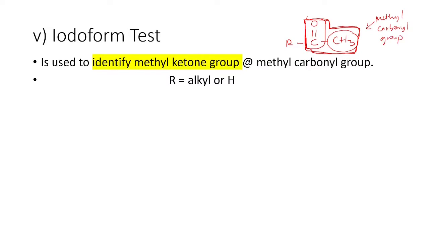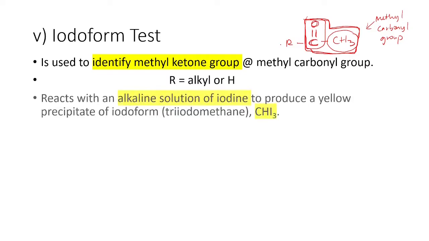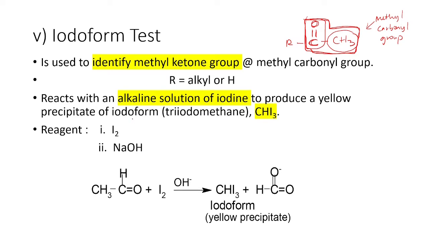Okay, the methyl must attach directly to the carbon with the double bond to O. It must be like this. So if we refer to the example shown here, is there any methyl attached directly to the carbonyl? Yes, so this is the part. The methyl is attached directly to the carbon with double bond O. The reagent is iodine and NaOH. So this is iodine and this is the OH minus from NaOH.